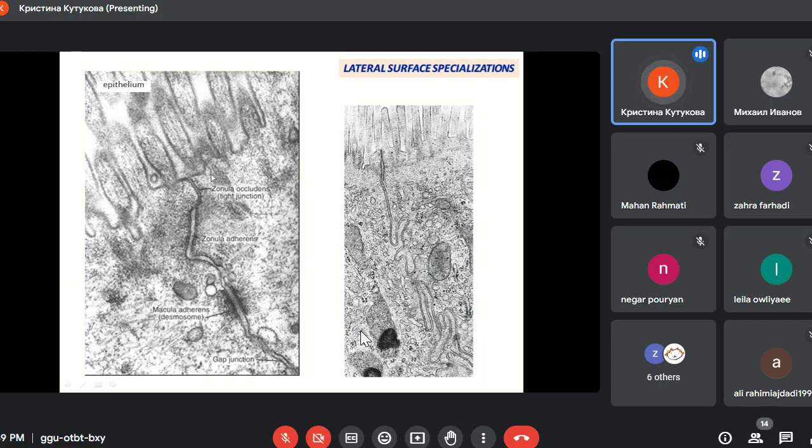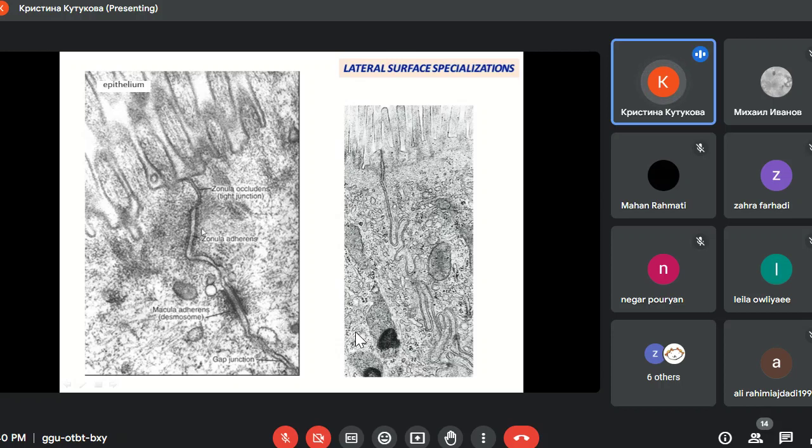Every microvillus is growing from the cell. Here you can see the actin microfilaments attached to the terminal web. Here is the terminal web. And now we are talking about this area, the area of the junctions between the membranes of these two adjacent cells. So first will go the tight junction, occluding junction, which seals the cells together.